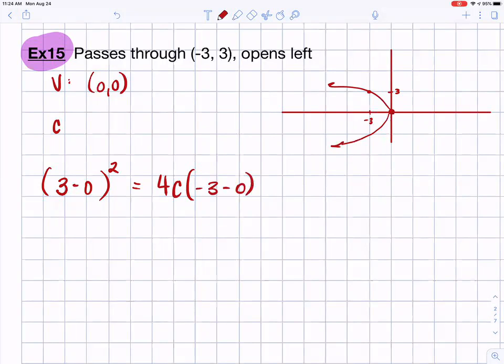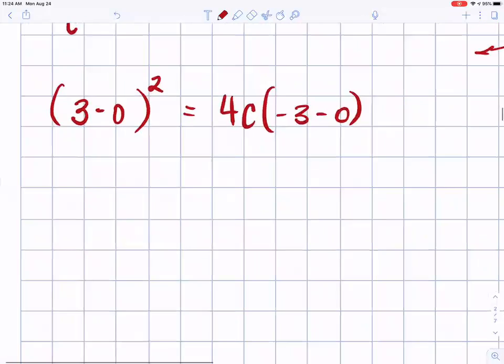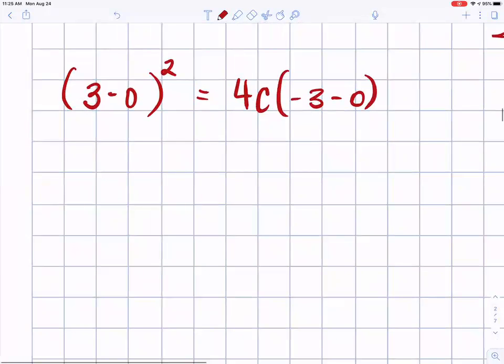Solving is no big deal, okay? So what's on the left side? 9. What's on the right side? After you clean everything up on the right side. Did you say -12c? The 3 times the 4 is your 12, and it's negative.